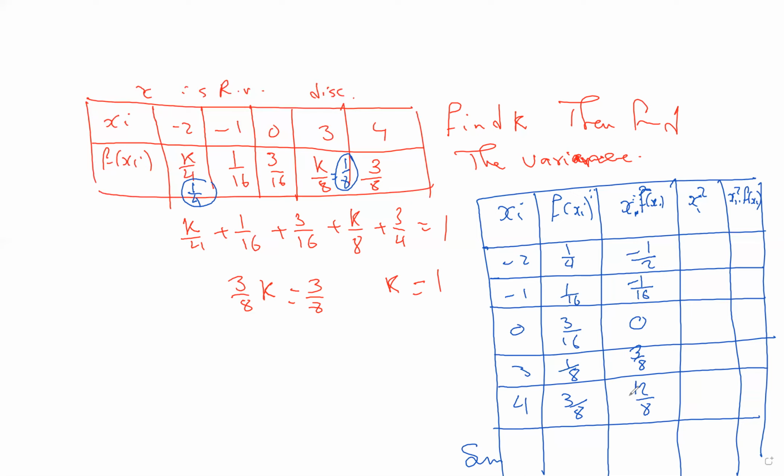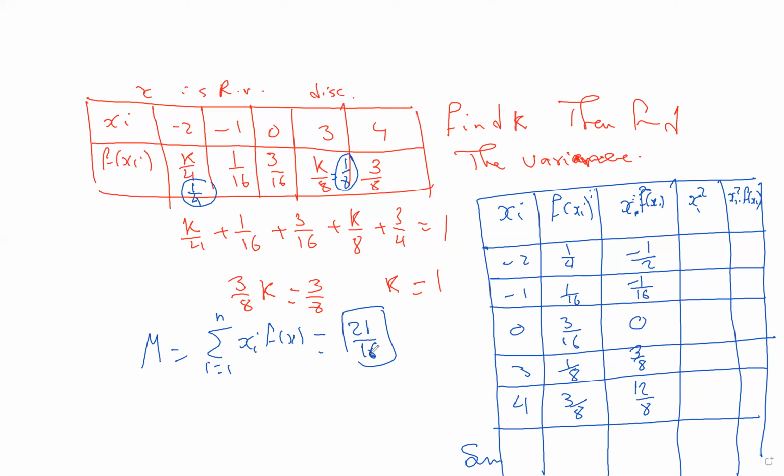When you add them, you will find mu equals sum from i equals 1 to n of xi f of xi. Then we need to add all of them, which is -3, 12, 15 over... it will be 21 over 16. It's okay. This is the mean.